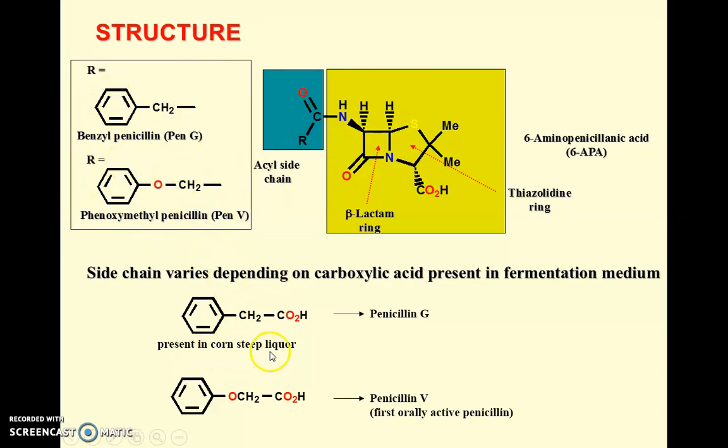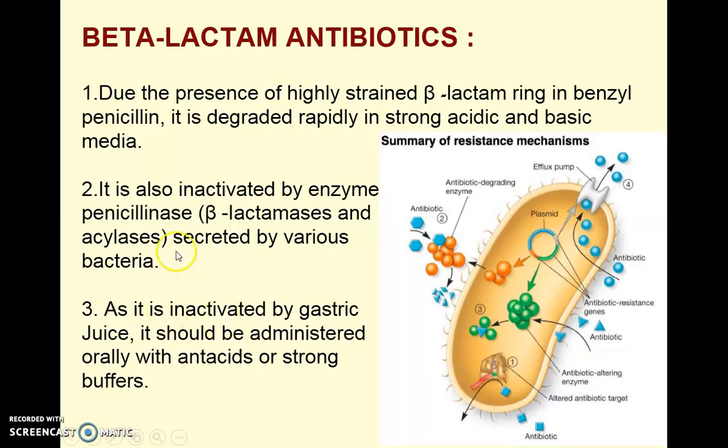When we are using corn steep liquor in the fermentation media as a substrate, we get penicillin G. And when we use phenoxymethyl carboxylic acid types of precursor in the fermentation media, we get penicillin V. Depending on which carboxylic acid we use, we get the particular type of antibiotic, either penicillin G or penicillin V. And it is clear that both are naturally occurring antibiotics.